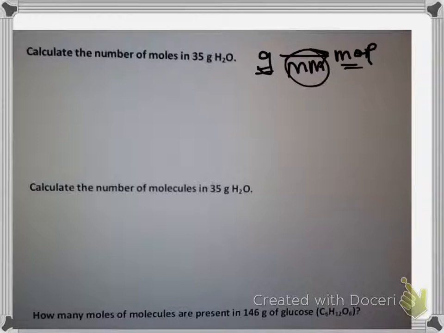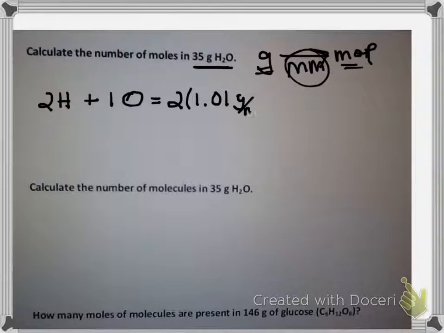So let's figure out the molar mass of water real quick. Water has 2 hydrogens and 1 oxygen. How much does each hydrogen weigh? The molar mass of hydrogen is 1.01 grams per mole. I have 2 of them, so it'll be 2.02.